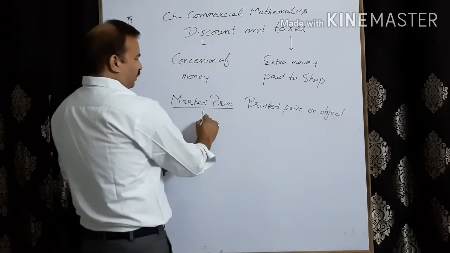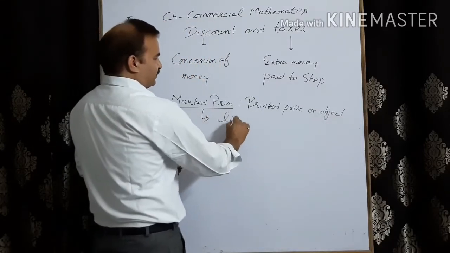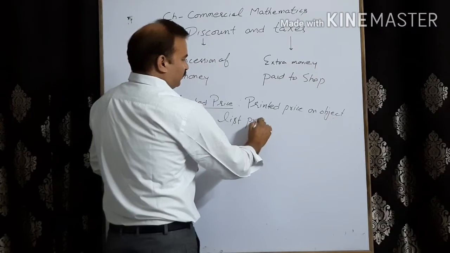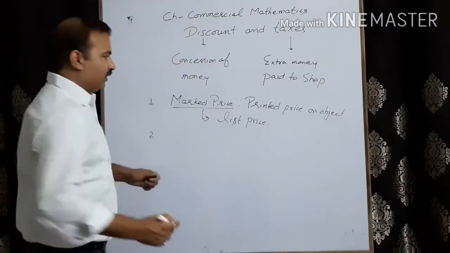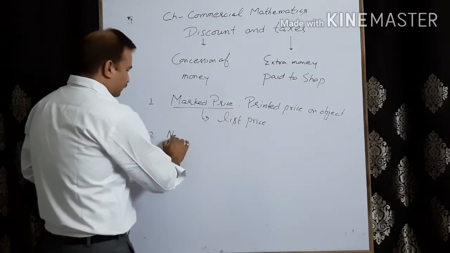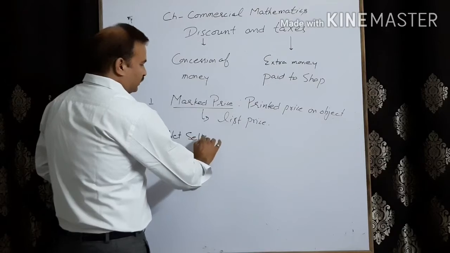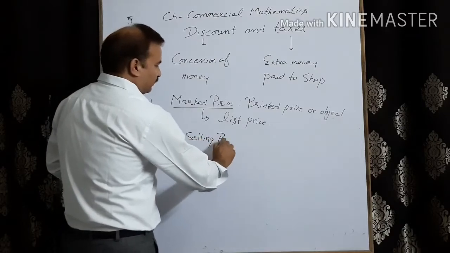Sometimes this is also known as the list price. Now next is the net selling price.